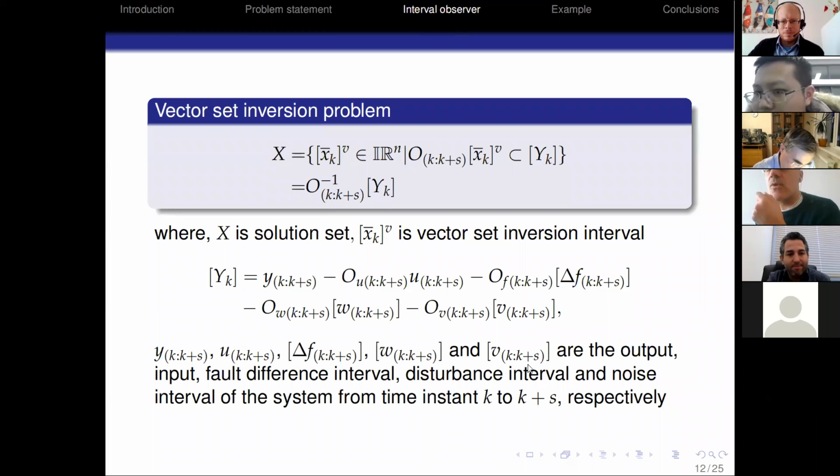So when you define your set inversion problem, why do you put the set X as a list of boxes, but why don't you write X? For me, it should be a subset of Rn and not a list of boxes, no?